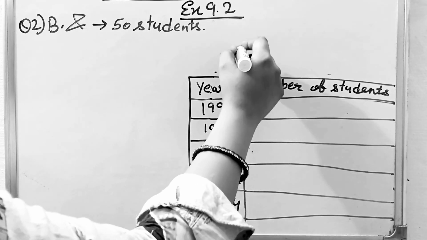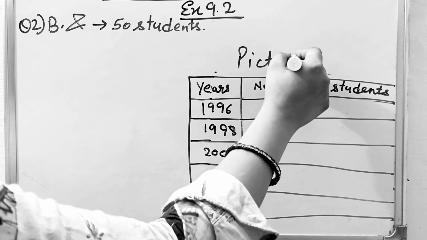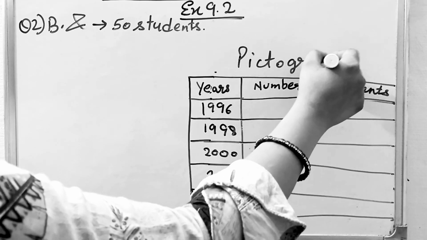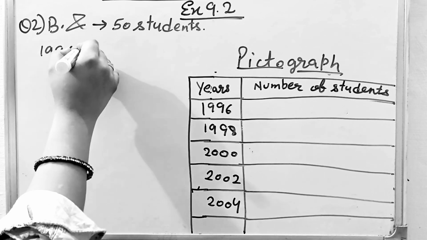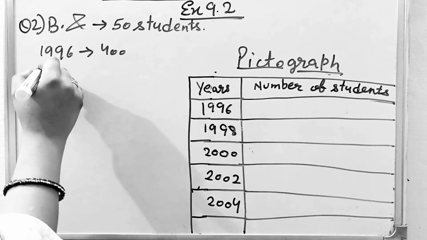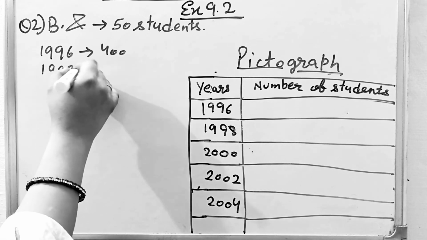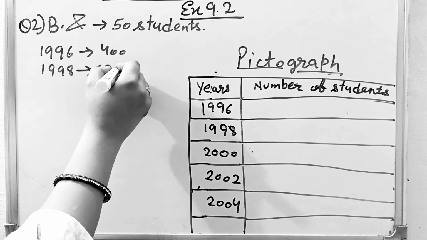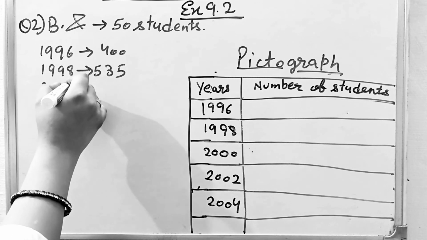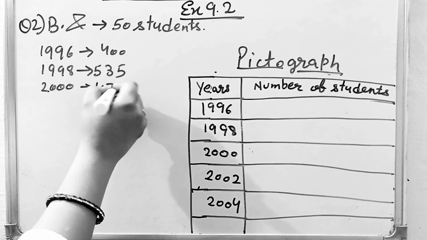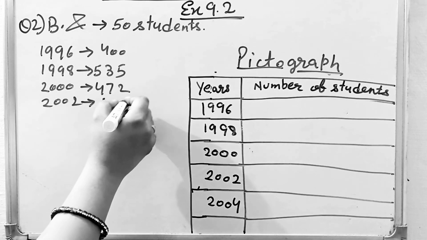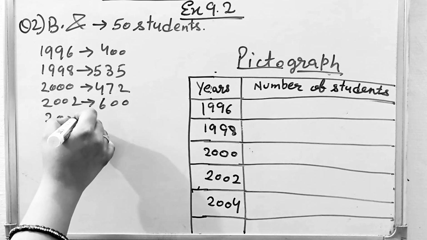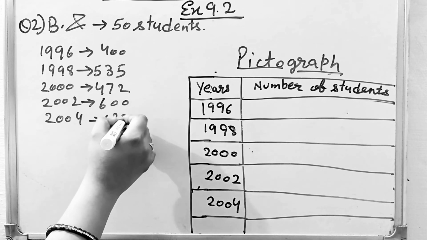This is our pictograph, and the data was in 1996 there were 400 students, in 1998 there were 535, in 2000 there were 472, in 2002 there were 600, 2004 there were 623.